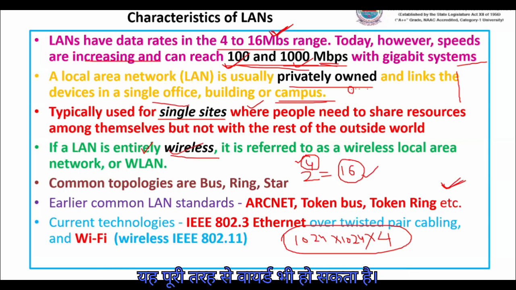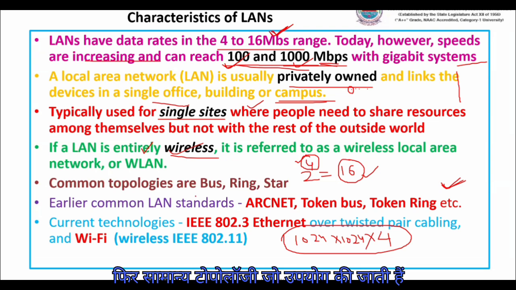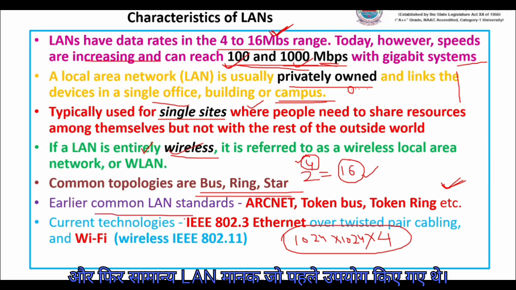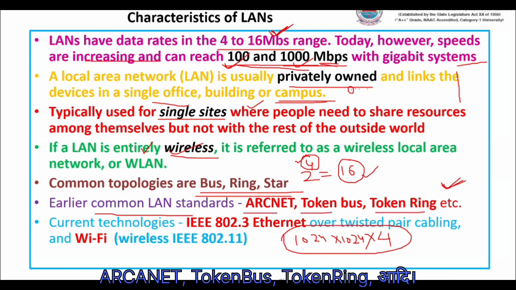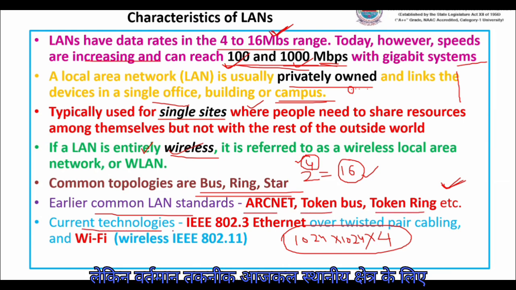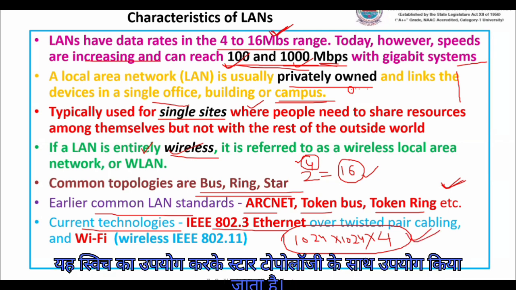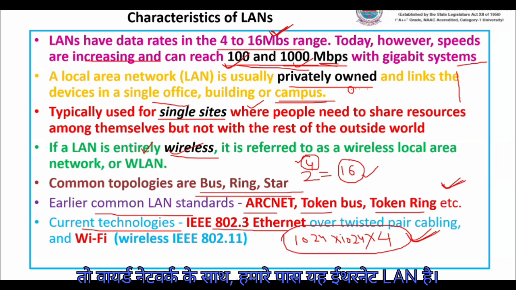It can be entirely wireless, entirely wired, or a combination of both. Common topologies used are bus, ring and star, which we will talk about. Common LAN standards used earlier were ARCNET, token bus, token ring, etc. But the current technology for local area networks is 802.3 Ethernet LANs over twisted pair cabling, used with star topology using switches.